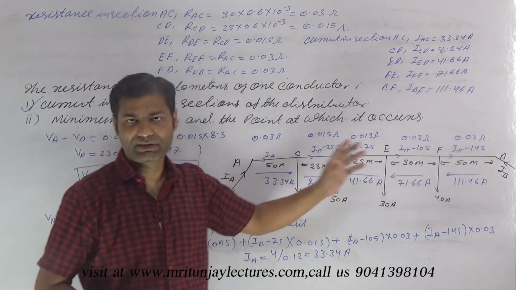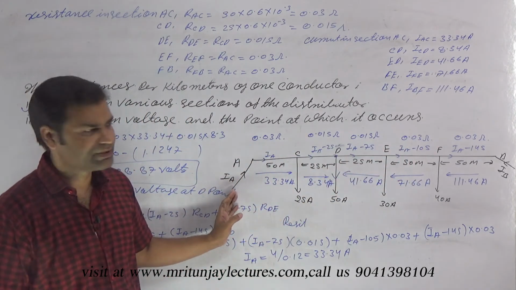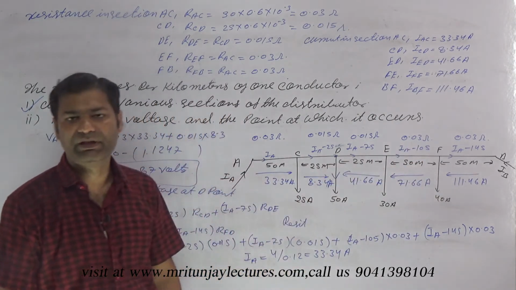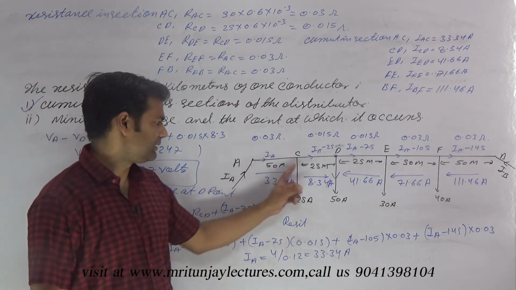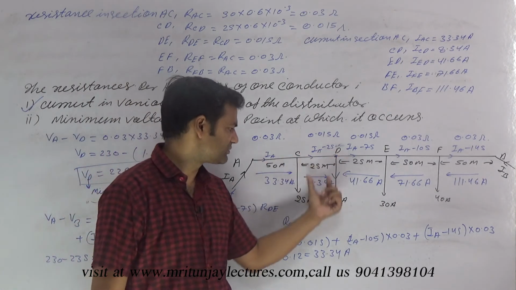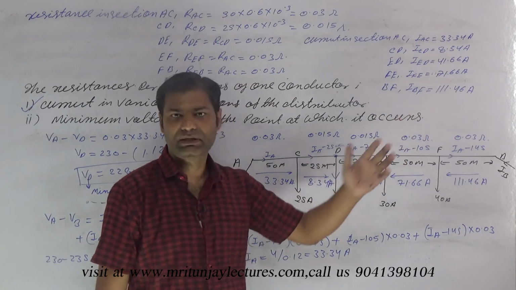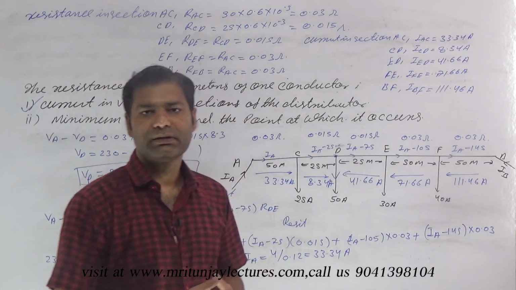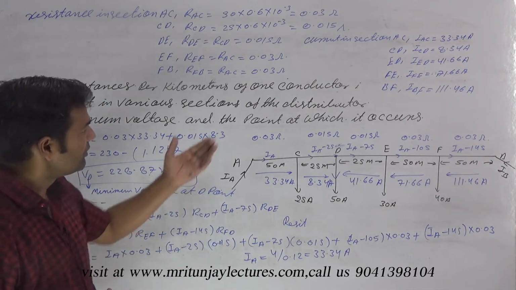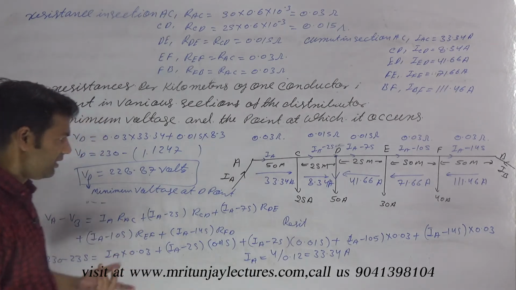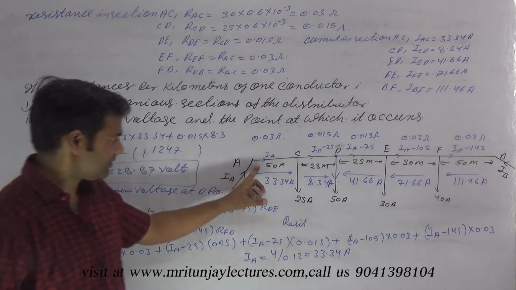Taking current IA going in the A to B direction, in AC section IA, in CD section IA minus 25, and so on. After solving, we got IA and all the currents in the sections.